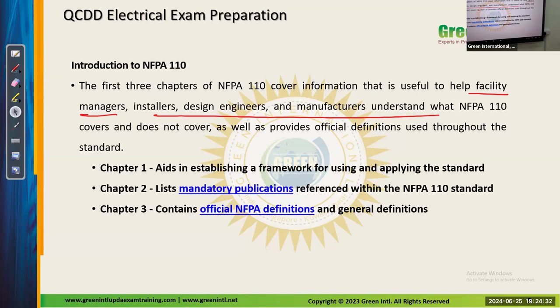Mostly the first 3 chapters will help these persons. The chapters on inspection, routine maintenance, the 7th chapter, the 8th chapter and these annexes are related to maintenance and testing, so those working in the maintenance and testing field may refer to those things.